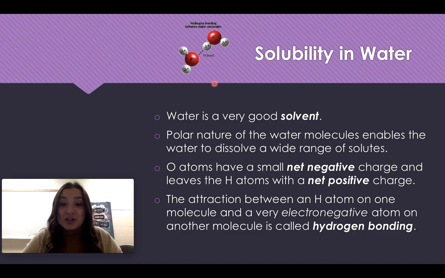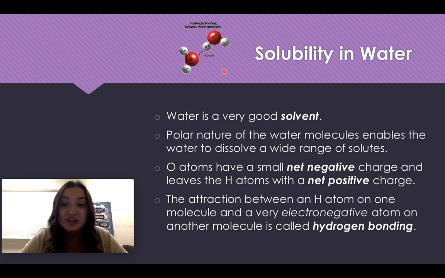So the attraction between the hydrogen atom on one molecule and a very electronegative atom on another molecule results in something called hydrogen bonding. In this picture, which is an example of hydrogen bonding, we see the oxygen atom of water molecule number 1 has these lines to the hydrogen atom of water molecule number 2, and that right there is the hydrogen bond.